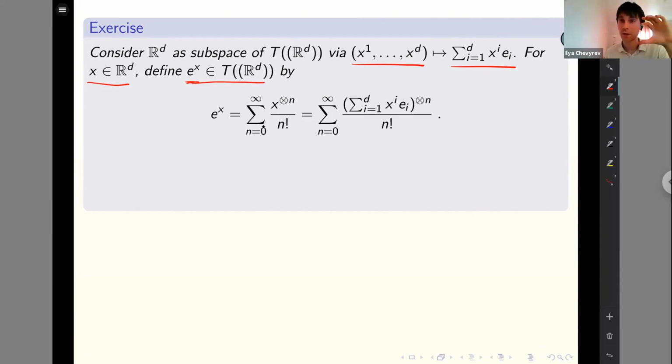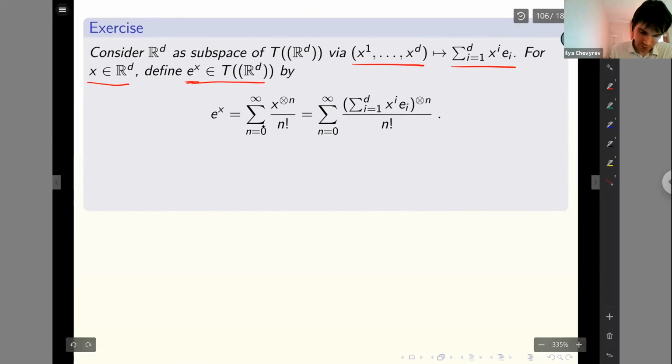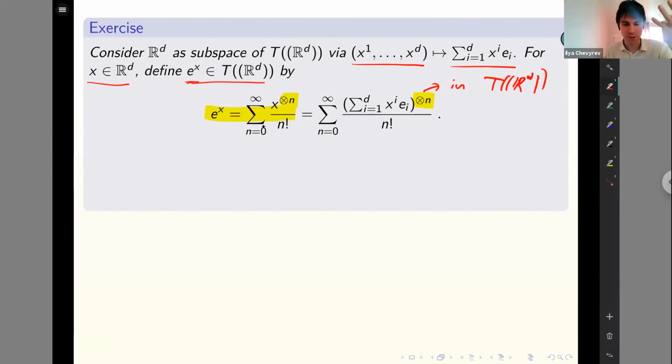But now the products are taken inside this algebra T(R^d). So I multiply this element x, which I treat as an element of T(R^d), by itself n times, and divide by n factorial.